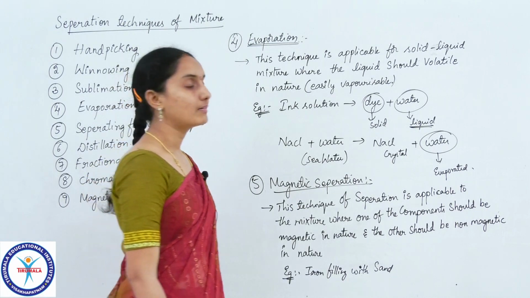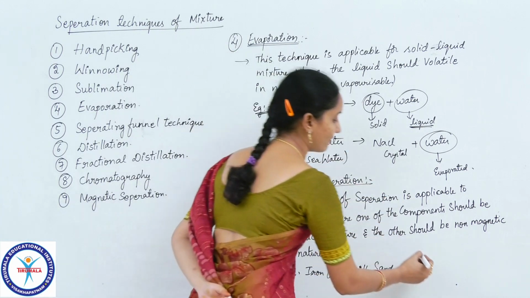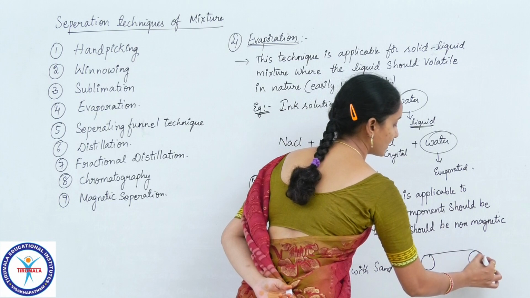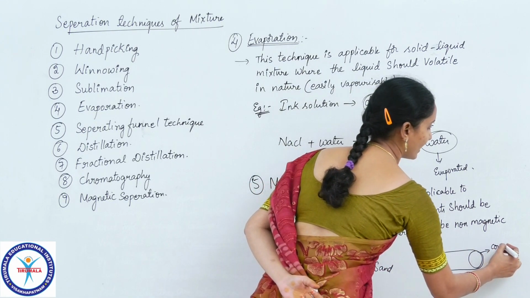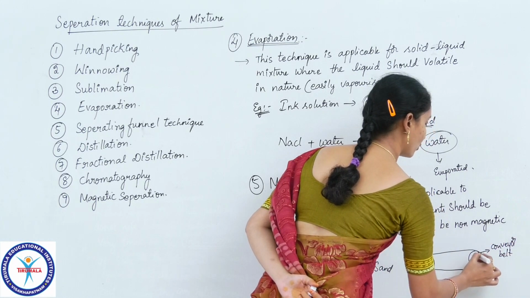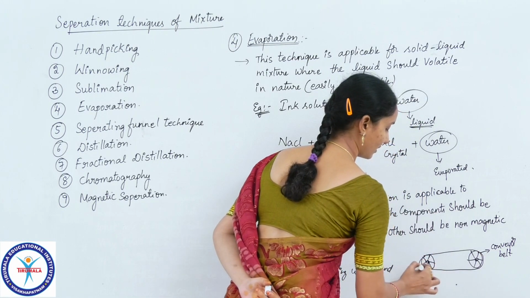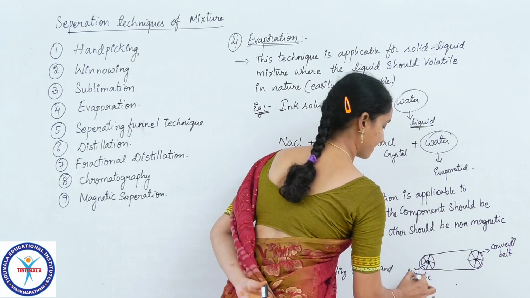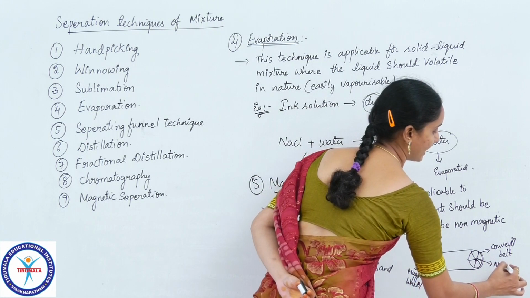You have equipment for magnetic separation which contains two wheels like this, and on these two wheels you have a conveyor belt like this. This belt is called a conveyor belt, and of the two wheels, one is a magnetic wheel and the other one is a non-magnetic wheel.